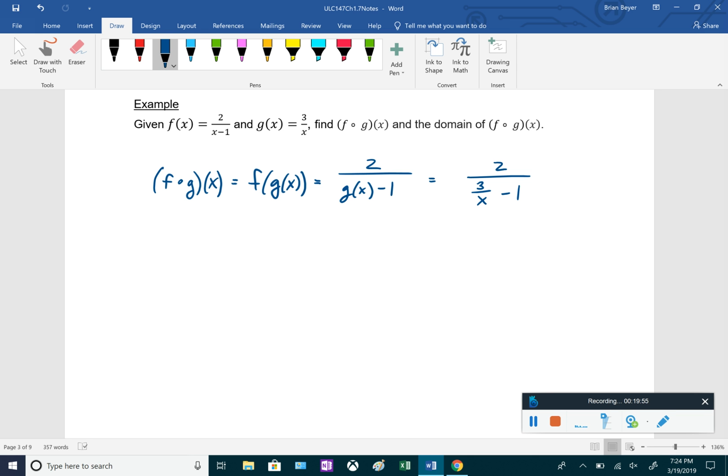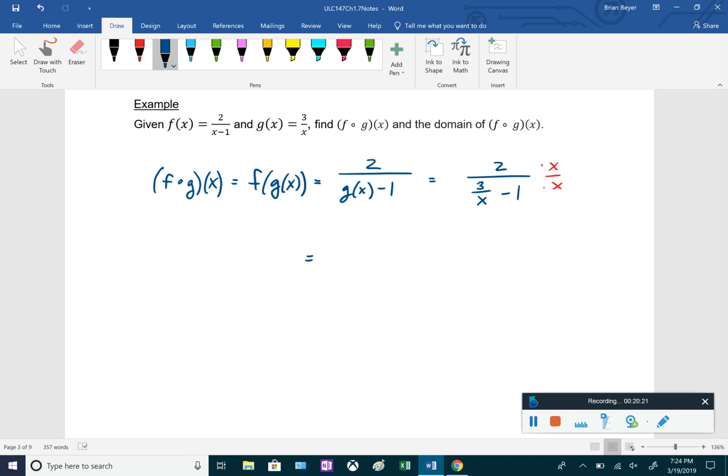For this, we have a complex fraction, a complex rational expression. What we could do is multiply the numerator and denominator by the least common denominator of those three terms, the 2, the 3 over x, and the negative 1. That would be multiplying the numerator and denominator by x.